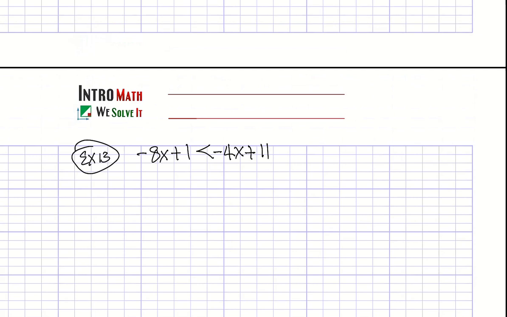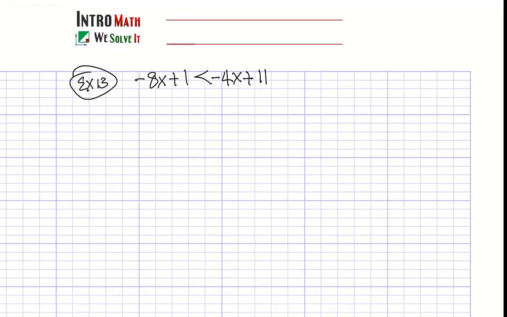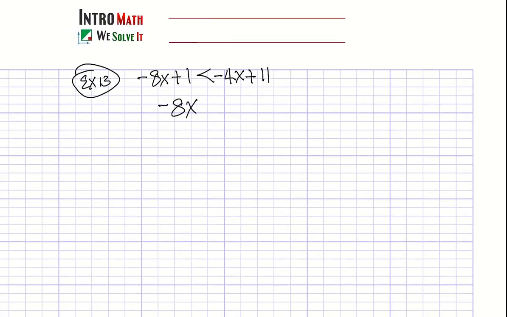To solve that, you move things around: negative 8x plus 4x less than 11 minus 1. If you move 1 to the other side, it becomes negative. You move negative 4x to the left, it becomes positive 4x. That's all I'm doing, man. That way we'll save time.